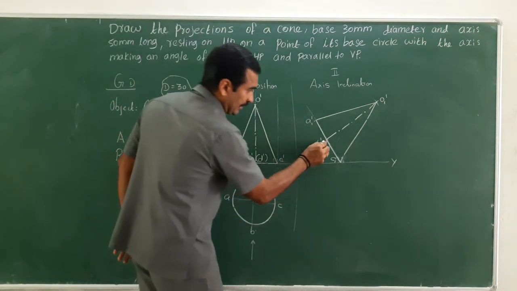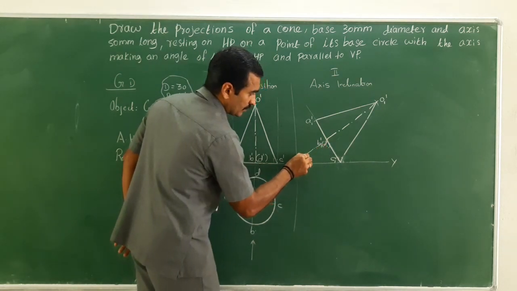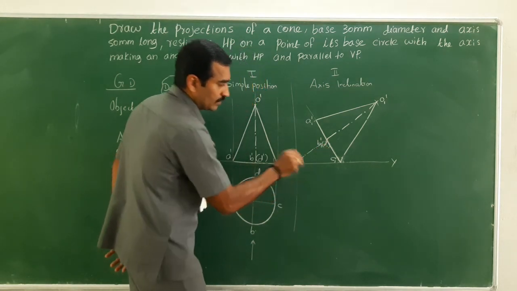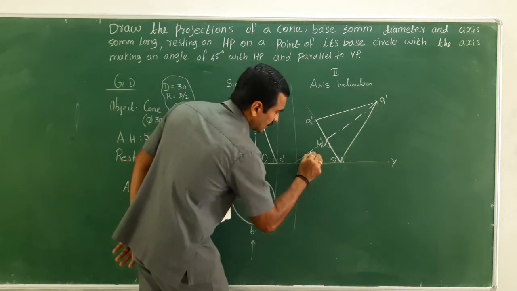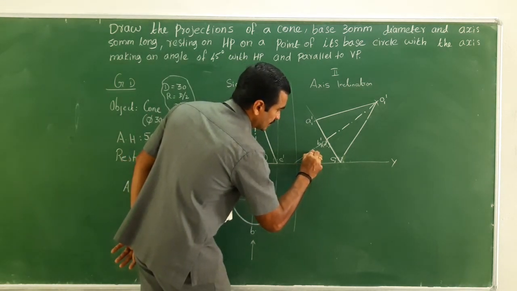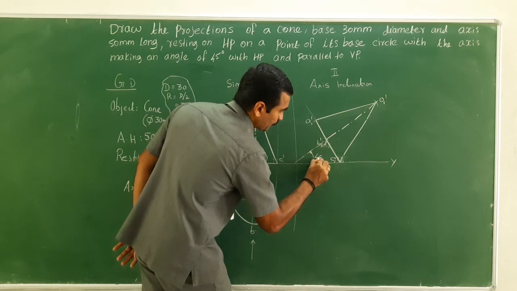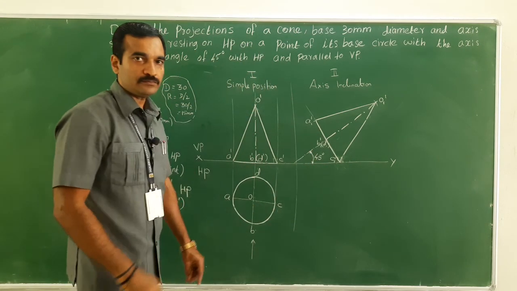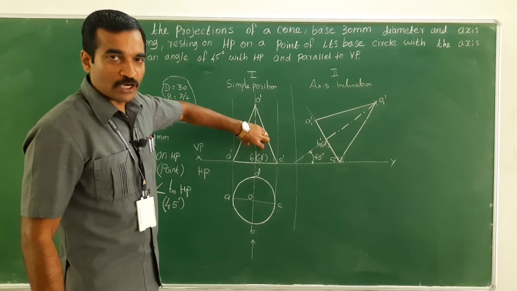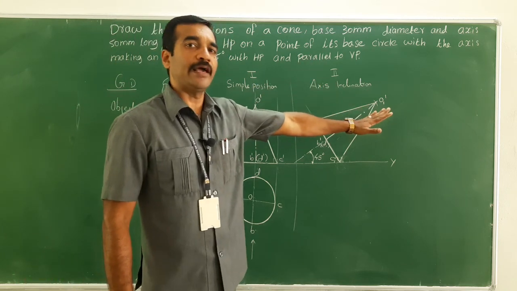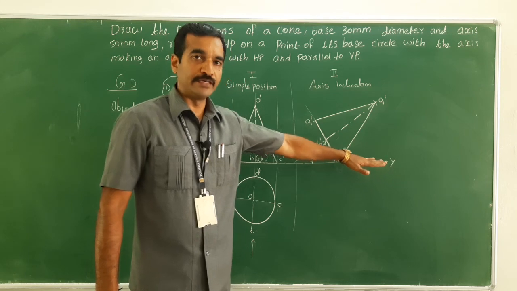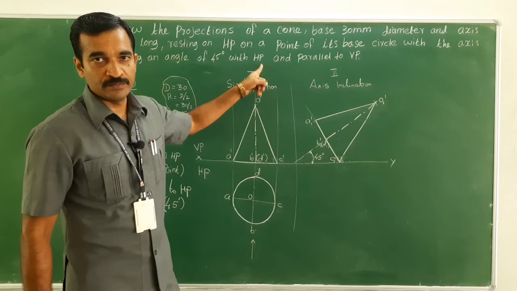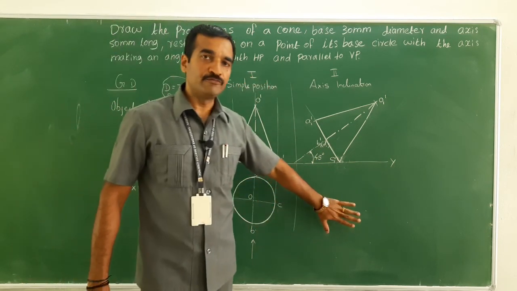So, now by extending this axis till it intersects the reference line, this inclination is nothing but the axis inclination of 45 degrees. Got it? This particular object has been tilted at an angle of 45 degrees with reference to the reference line, 45 degrees with HP.